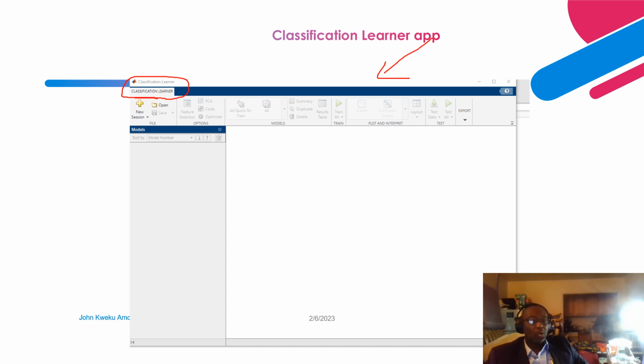On this side is a new session. You click on new session, then you see a drop down window that gives you the flexibility to select the data from wherever you have your data stored.